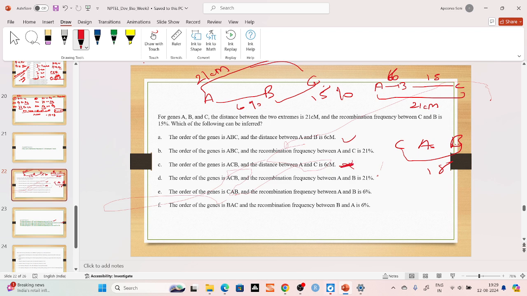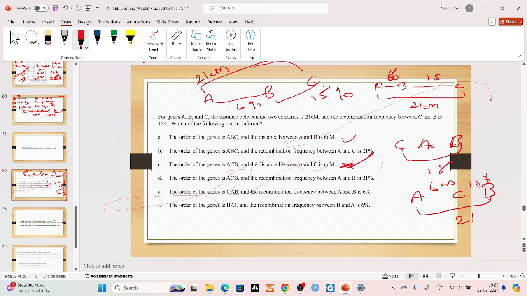The order of the gene is ACB. If it is A, C and B, it should be 21, and the recombination frequency between C and B is 15%, and the distance between A and C is 6. Yes, this is also correct. This can also be possible.